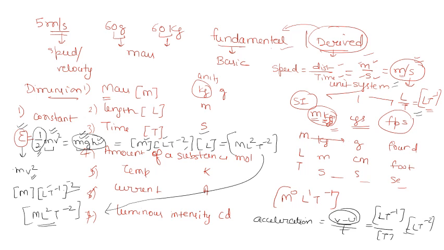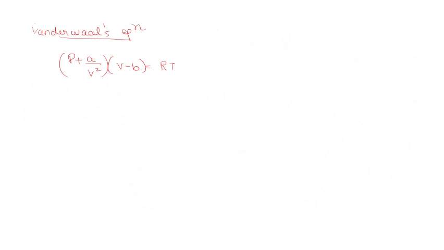Okay, another thing, let me show you with the help of an example. This is a very famous question for CBSE. It is asked in the question paper. This is the van der Waals equation. These are not ideal gases, these are real gases, and they satisfy this form.